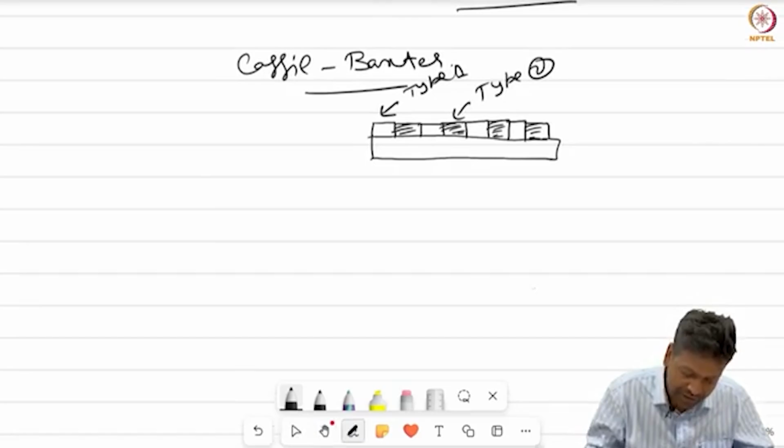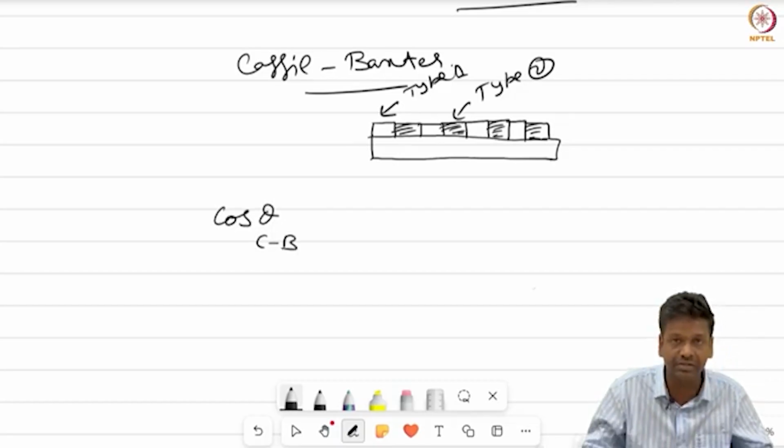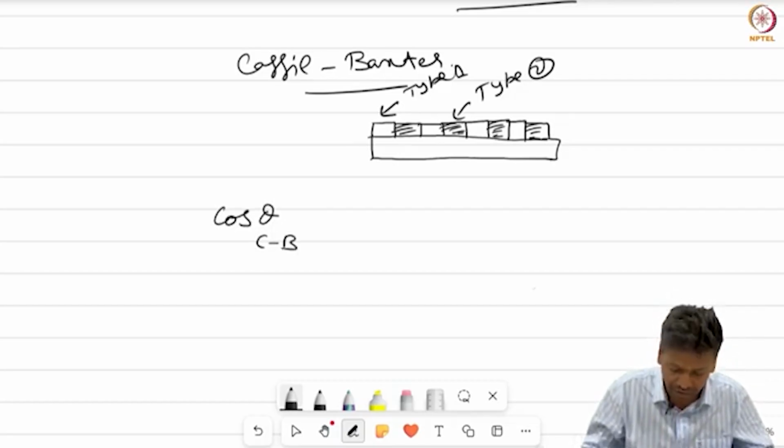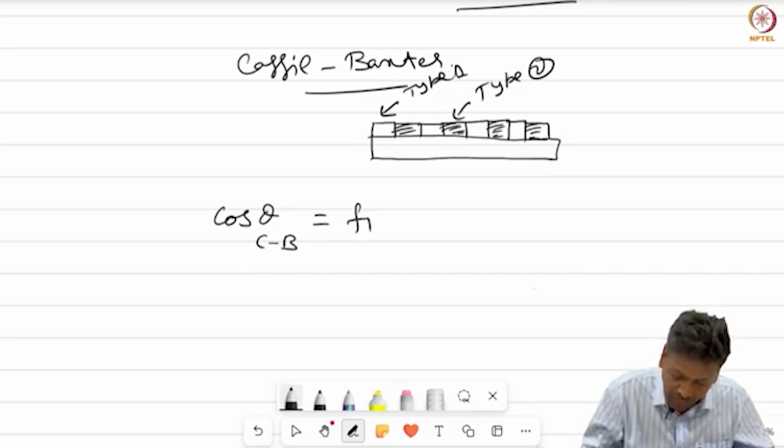So in this case, the same lever rule can be applied. So in this case, I will use cos theta CB, which represents Cassie-Baxter. Okay, so this can be written in this way, which is nothing but F1 cos theta 1 plus F2 cos theta 2.